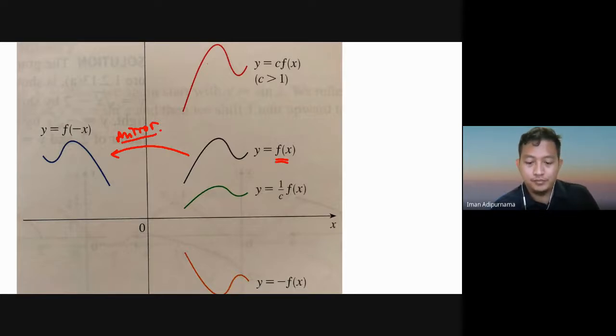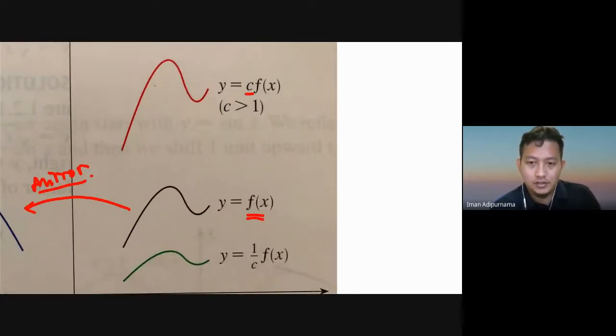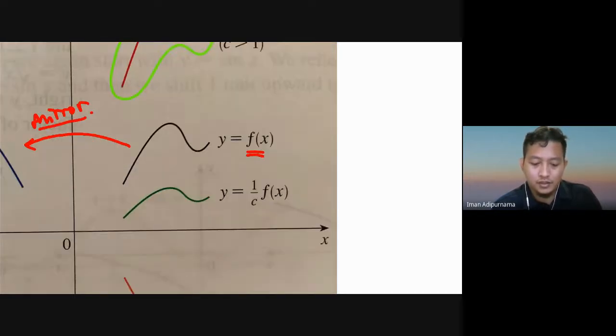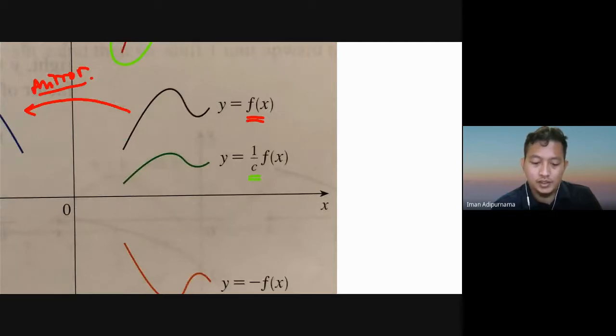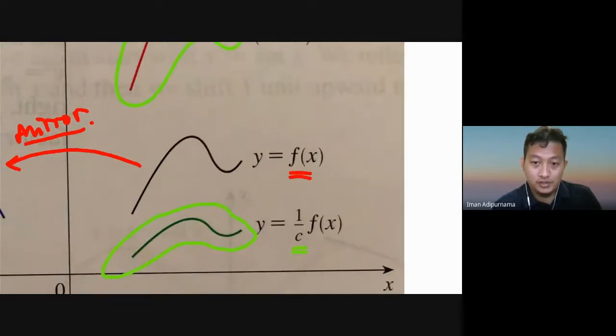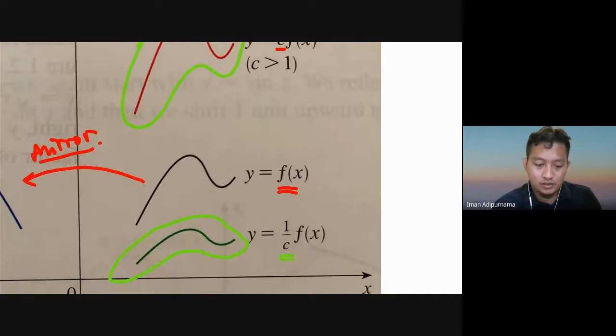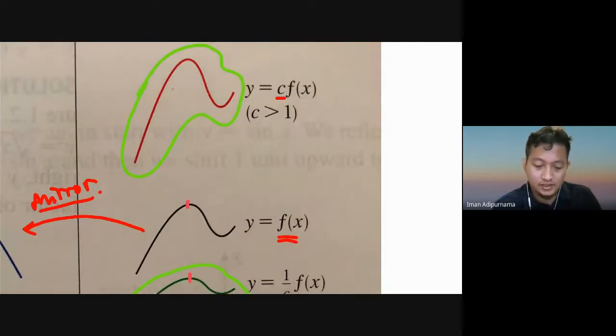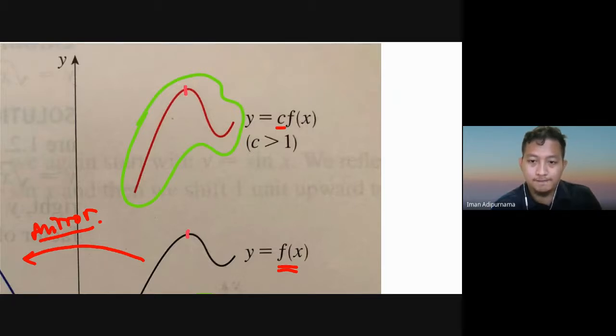If you multiply this c with the function, you will multiply all the function and your function seems to get bigger, like this one. If you divide by constant c, you will get smaller. But the proportions, if you see here, you draw the proportion here, it's still looking similar.